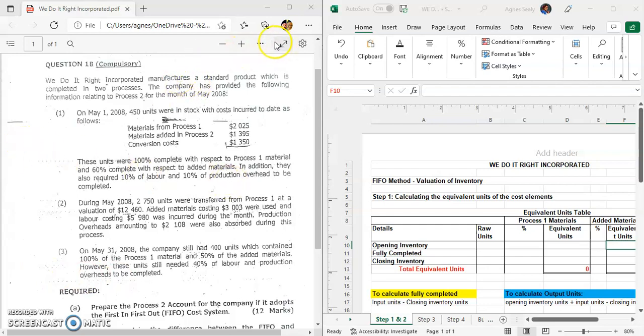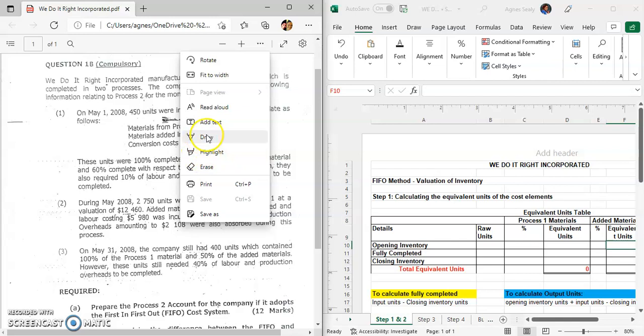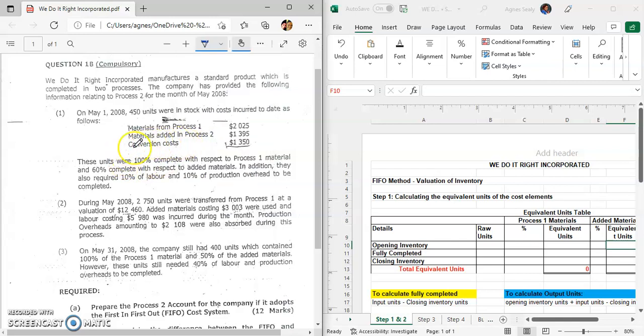So here, when you look at opening inventory, when they tell you that the units were 60% completed and also required 10%, with the opening inventory units, the 450 units at the beginning, what you're looking at is how much more, or the percentage of materials, labor, and production overhead that is still needed to complete these 450 units.